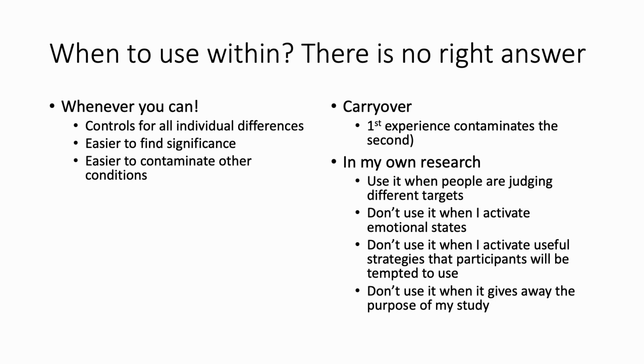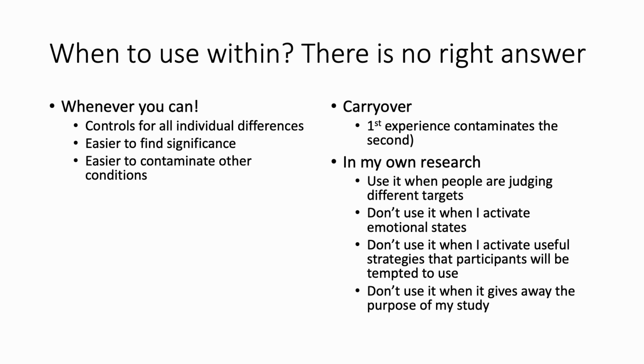I've used within participants designs, like I mentioned before, when I'm having participants judge black and white patients, when I'm looking for racial bias in treatment decisions. But I don't use a within participants design when I manipulate emotional states like empathy, anger, etc. I just feel like that's too hard to get the participant back to baseline.